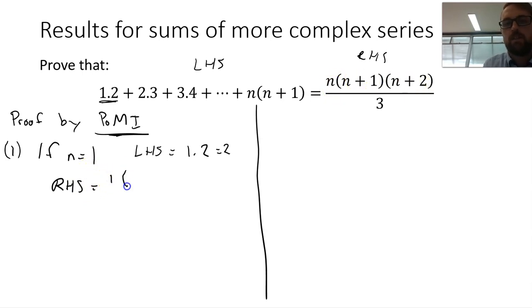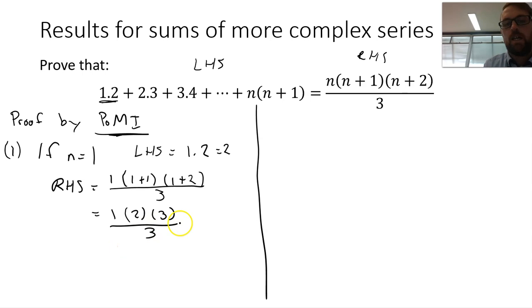So 1 times (1 plus 1) times (1 plus 2), divided by 3. Now we do the brackets first due to BODMAS, so it becomes 1 times 2 times 3, divided by 3.